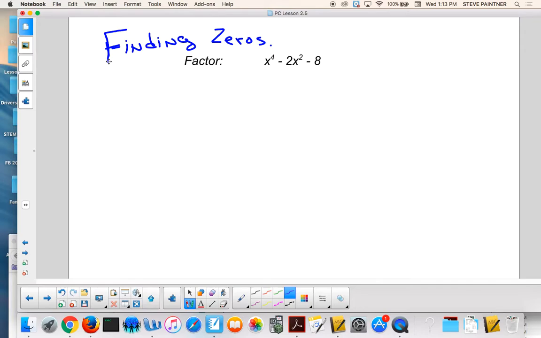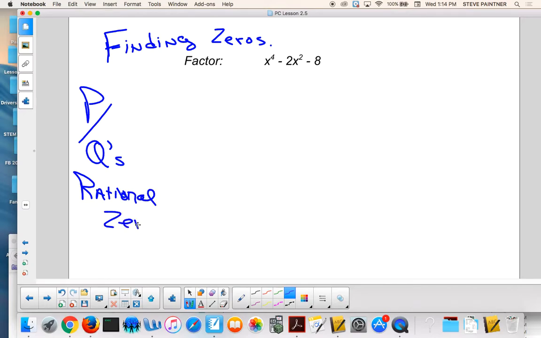P's over Q's will get you rational zeros. Now, rational zeros are fractions, so it could be 6 over 1. It could be 2/3. It could be 1/2. But basically, rational zeros is what we're testing for. So it's P's over Q's.